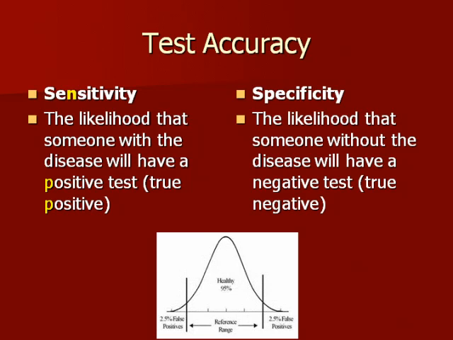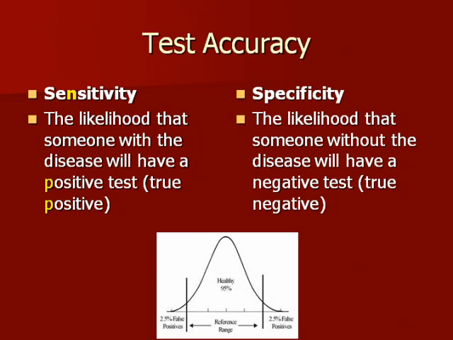And I'm going to go through the rest of these slides quickly. Test accuracy. You should know the sensitivity and the specificity of most tests. Sensitivity means that if you have a test and you have the disease, you will have a positive test result. Specificity means that if you have the test and you don't have the disease, that you will have a negative test.